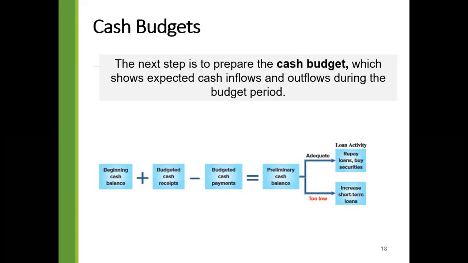In the case of a shortage, we might investigate alternative financing options. In the case where we have a good amount of excess cash, we might look at paying off part of a loan or potentially taking advantage of an investment or something like that.